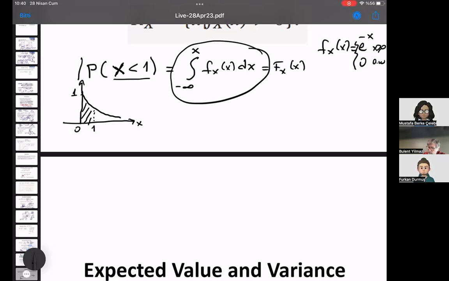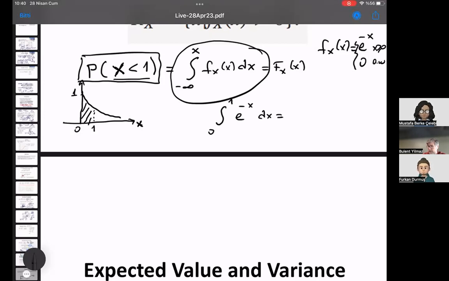But my question is, what's the probability of x less than 1? My random variable being less than 1. So can I write it like this? Between 0 and 1, e to the power minus x dx, right?